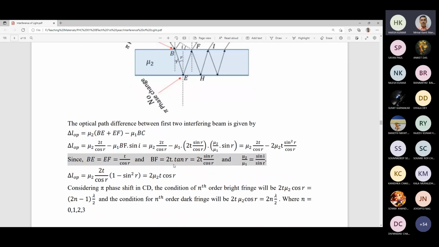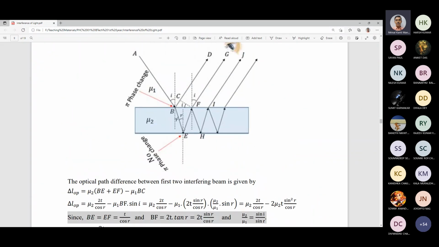Yes. So under that situation, it will be plus. Yes, you are right. Under that situation, we are subtracting this path from this path, right? So it is extra path, and at the same time the phase difference, that is pi, which is equal to lambda by 2.